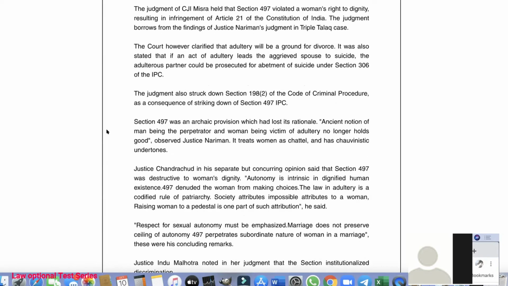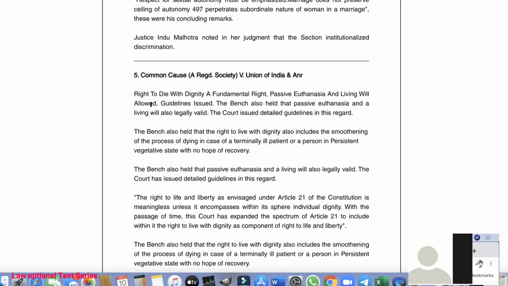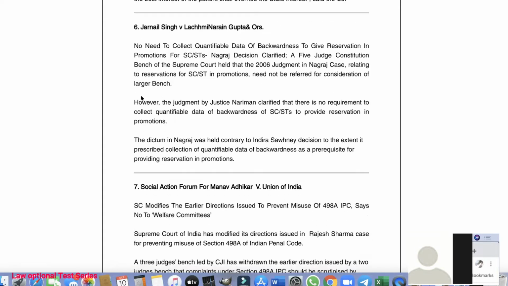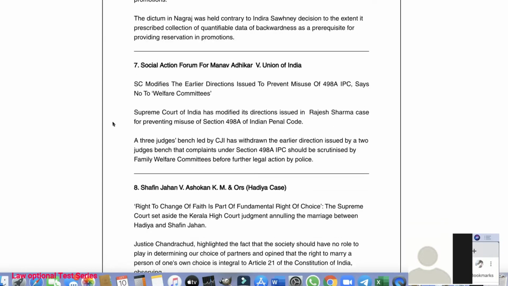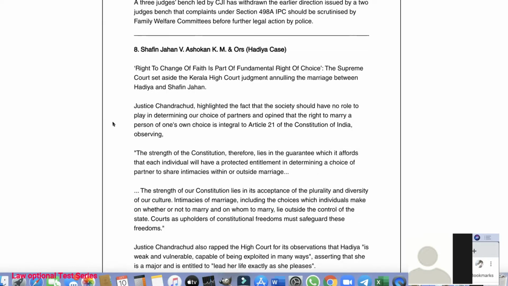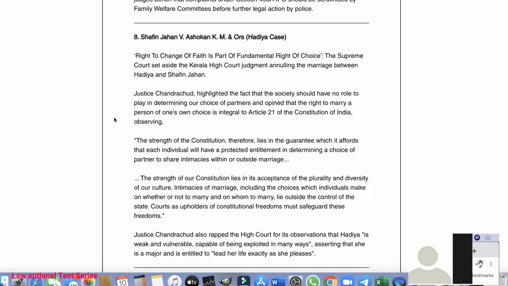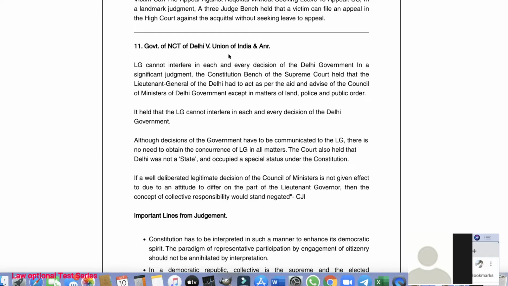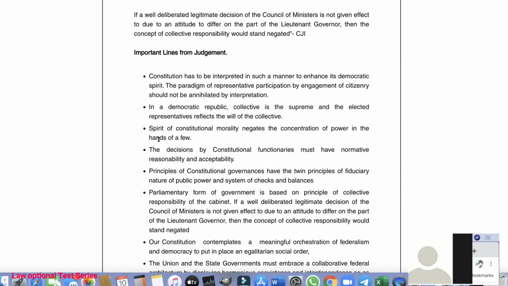Similarly, Common Cause, right to die, a fundamental right, is a very important case again. Similarly, the case regarding qualification has been referred to the larger bench, so let us see. Similarly, Manav Adhikar, 498A, crime against women, we have that in the syllabus. Similarly, Shafin Jahan versus Asokan, the right to change your religion, was also a very important case. Similarly, the last, Government of NCT of Delhi, also came in the exam. Important lines from the judgment, as you can see.